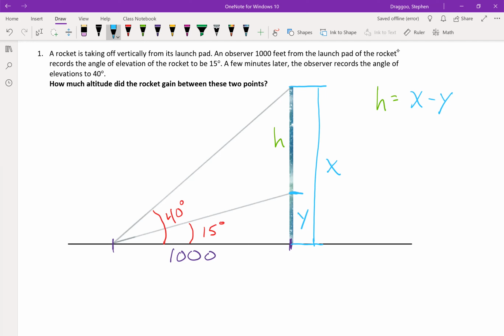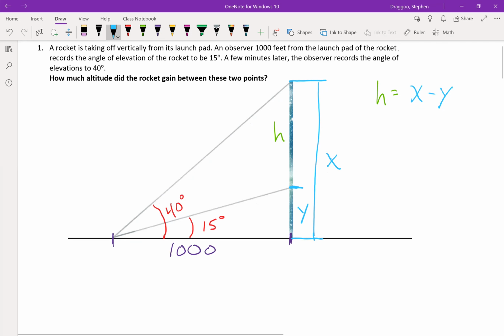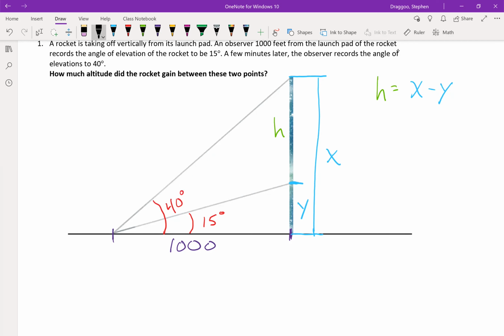So I'm probably wanting to set up an equation that involves tangent. So I should be able to say that the tangent of 15 degrees is equal to opposite over adjacent. So that should be y over 1,000.